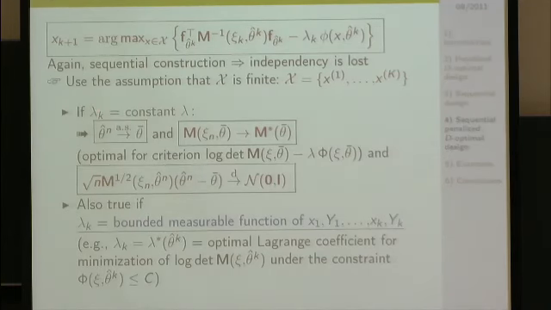It's not absolutely required to take lambda equal to a constant. For instance, instead of having lambda constant, you may decide to solve the constrained problem, where you maximize this under this constraint. If you do that, because you do it at each step for a different theta k, the Lagrange coefficient at each step will depend on theta k.